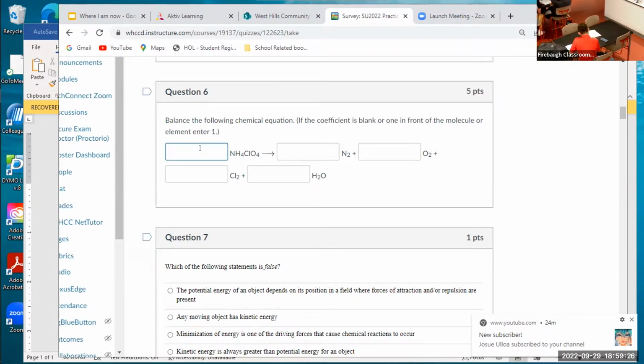And then how many oxygens do I have now? Plus, I have 6. Okay. Oh, and then you should multiply the O, that would give you 4. 4 plus 4, 8. Yes.